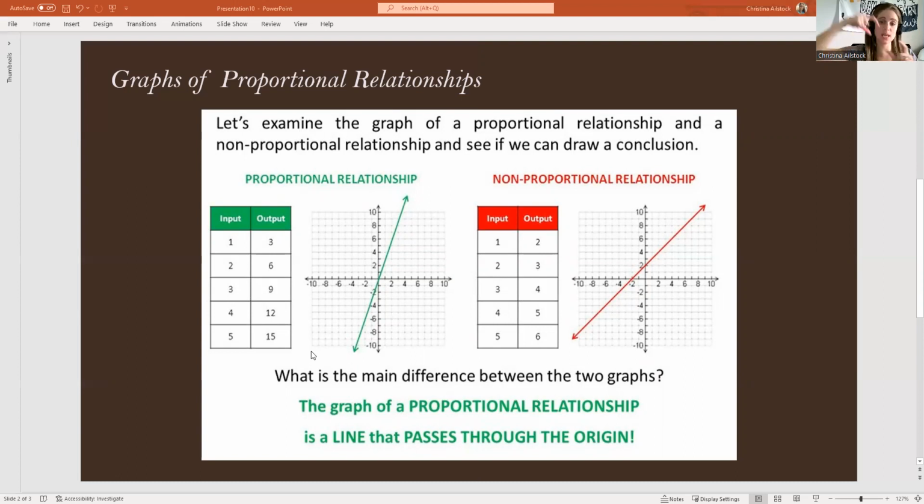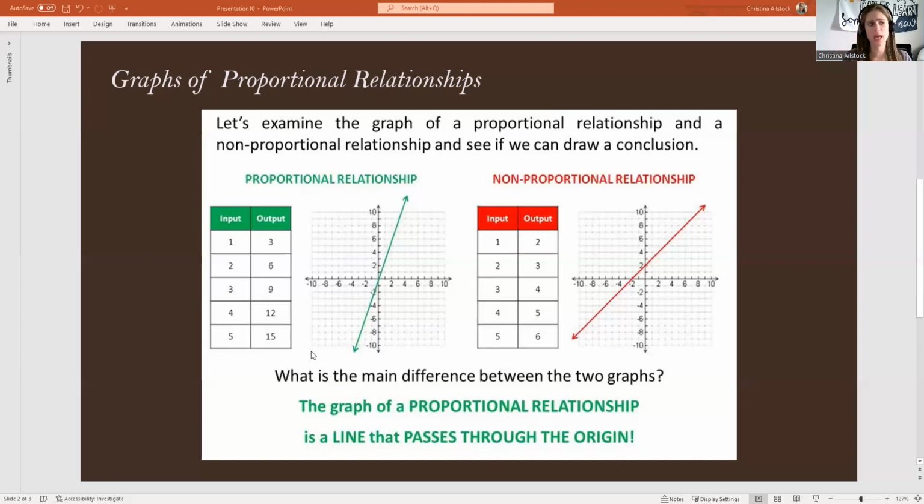That's what makes a straight line, because it's either increasing or decreasing by the same amount, keeping it a straight line. It can be at a diagonal, as this one is here, but there are no curves or bumps or anything. It is a nice straight line, meaning that this does have a constant of proportionality.